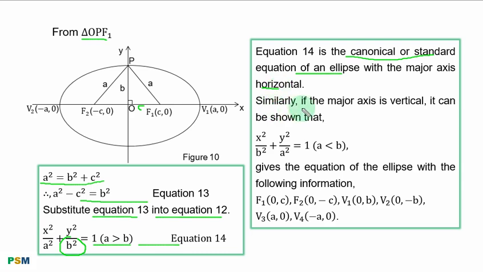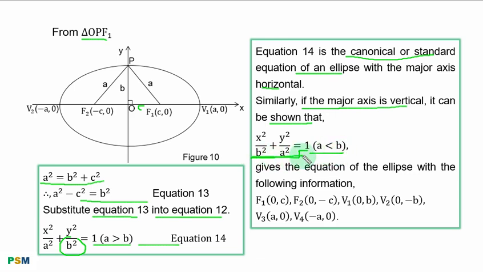Similarly, if the major axis is vertical, it can be shown that x squared over b squared plus y squared over a squared is equal to 1. In this form, a is less than b.